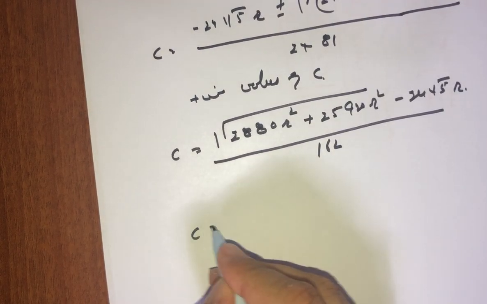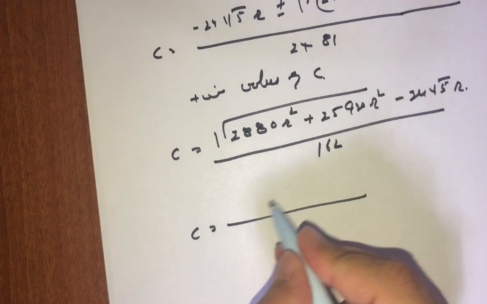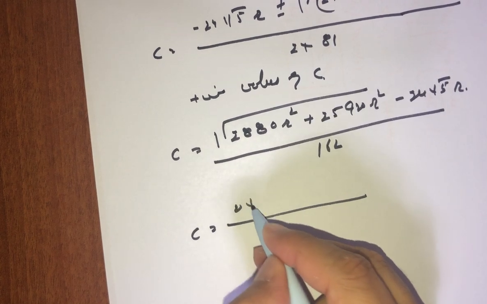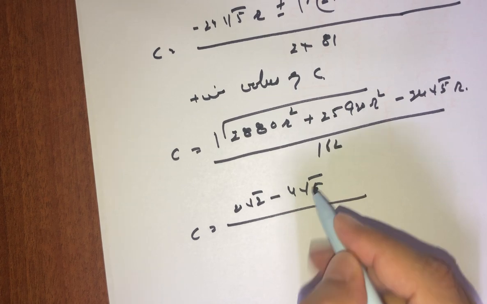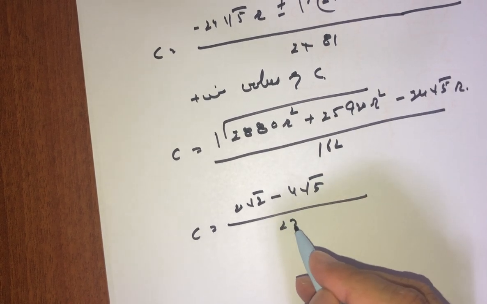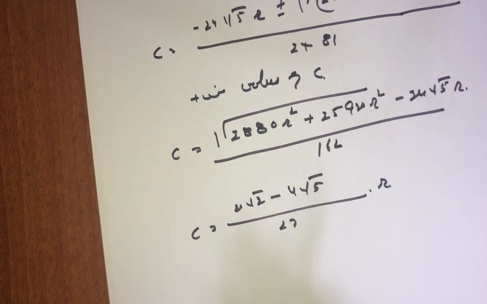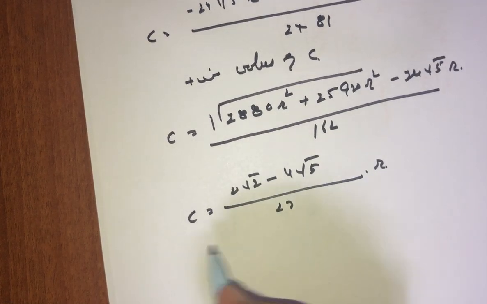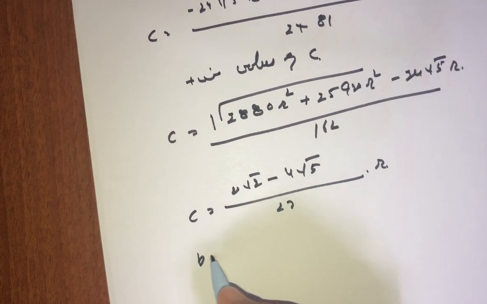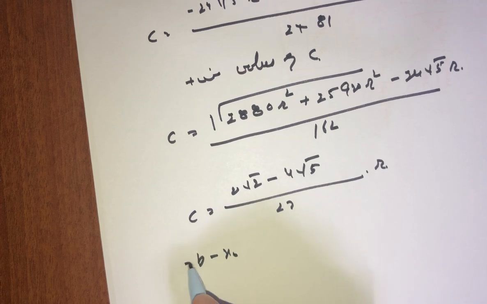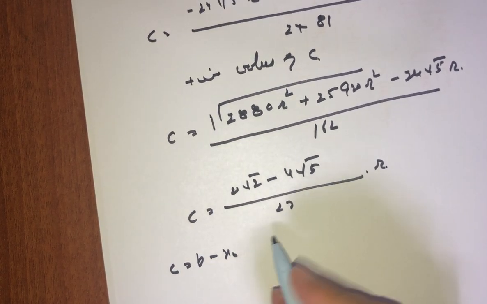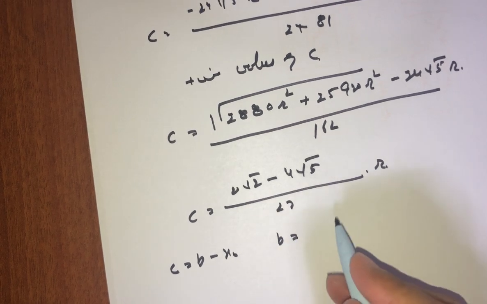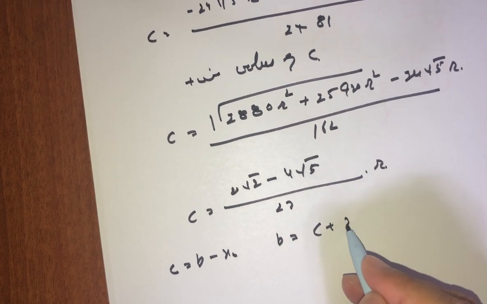So the final solution of c will be coming as 20 root 2 minus 4 root 5 divided by 27 multiplied by r. And we know that b minus x naught was equal to c, so b will be equal to c plus x naught.